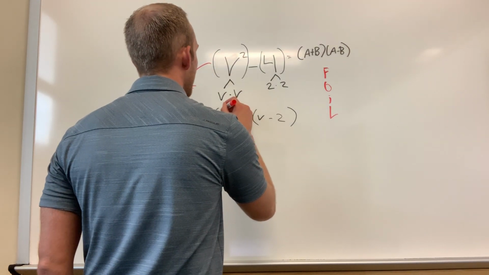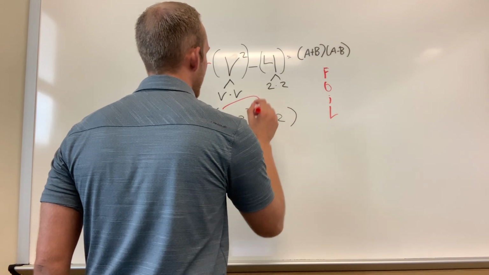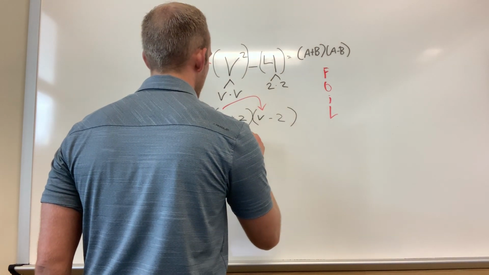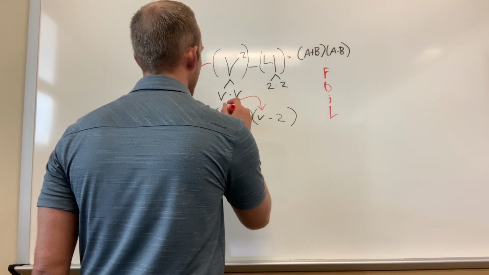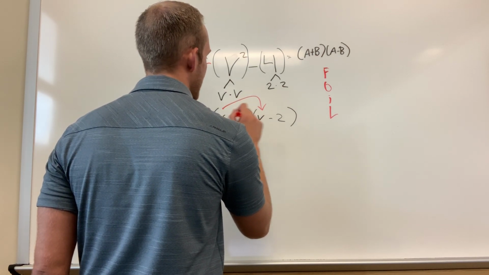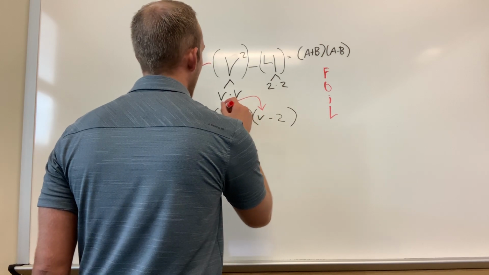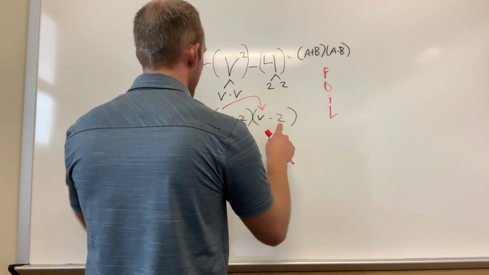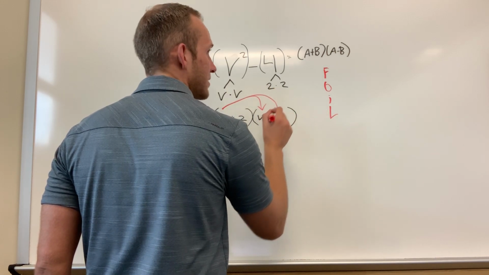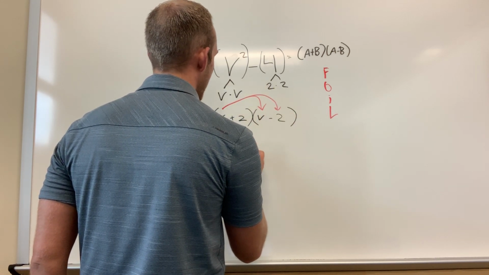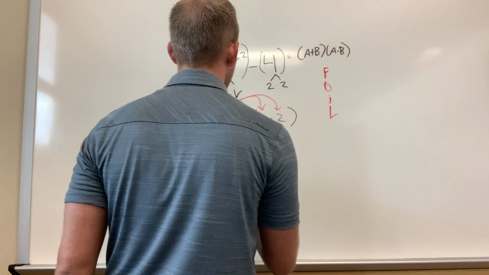So let's go right here. V times V, so that'd be V squared. And then we go, so the first, V outer, so that'd be the outer 2. So V times -2 would be -2V.